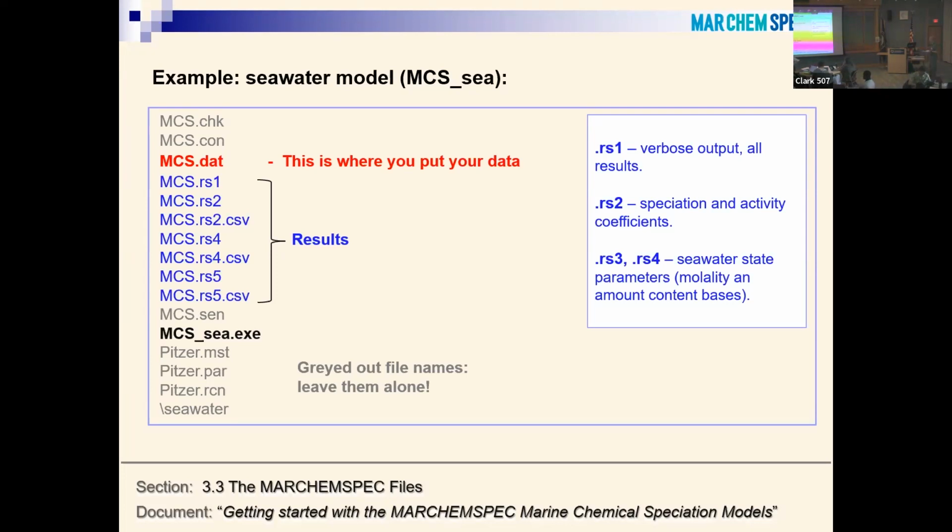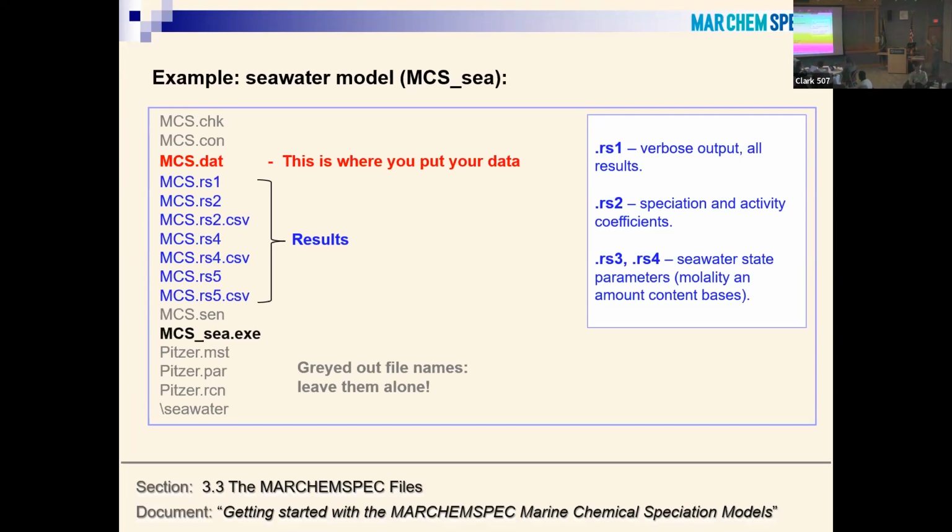The first of the results files, which actually contains everything and is a good place to start, is the RS1 file, which is what I call verbose output, nicely formatted, with all the results. The MCS.RS2 and the comma-separated value equivalent contain just the chemical speciation and activity coefficients: the amount contents of every species, the molality, and the activity coefficients.